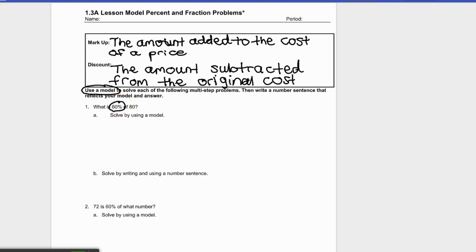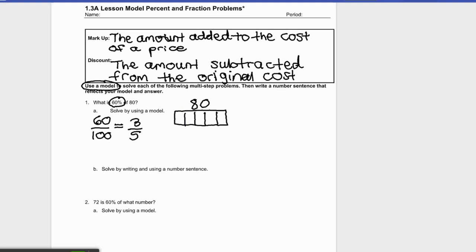So we start with 60%, and 60% is 60 over 100, which is equal to 3/5 as a fraction in simplest form. So when I solve this by drawing a model, I create my box, and my box represents 80, and I'm going to draw 4 lines, and 3 out of these 5 parts represent 60%.